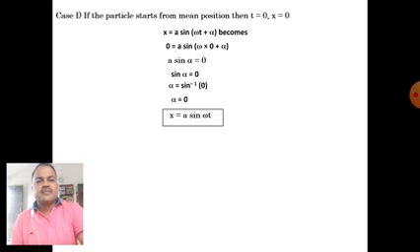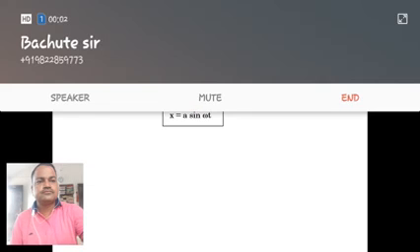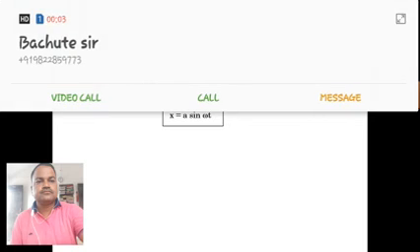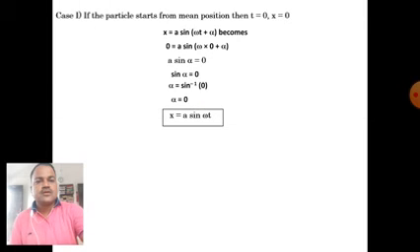Next, put the value of alpha is equal to 0 in this equation, then the equation becomes x is equal to a sin omega t.